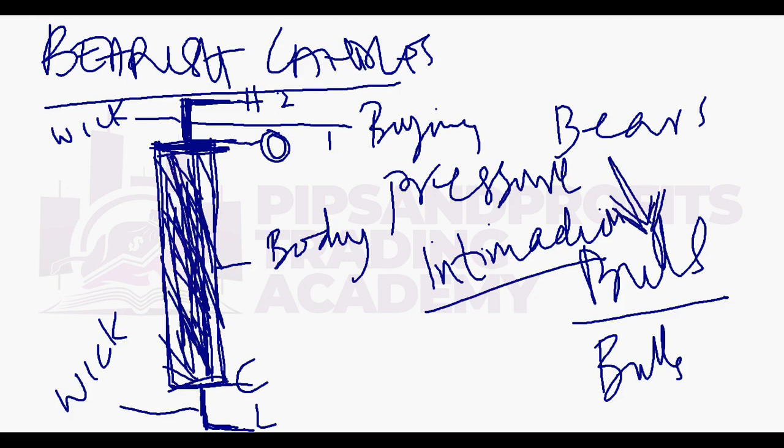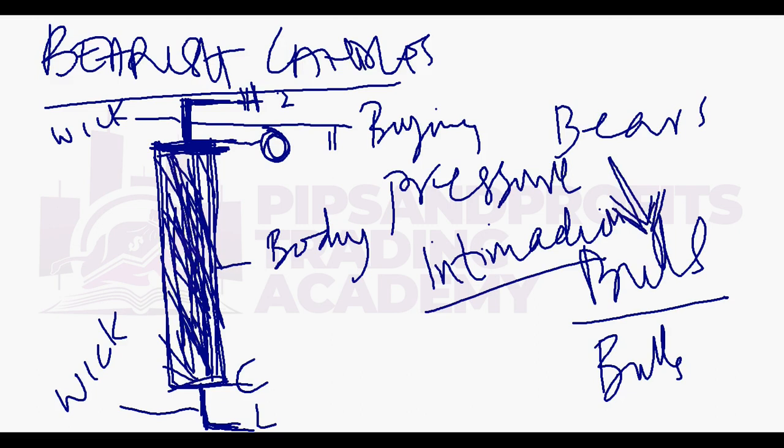So this is what forms a bearish candle. First, it will open up at a higher price, and then it will move up and create this high. After that, if indeed it's a bearish candle, price is going to drop lower, and then it will create a low.